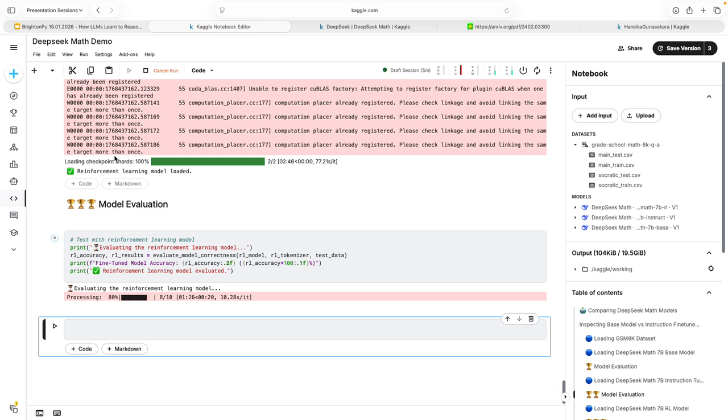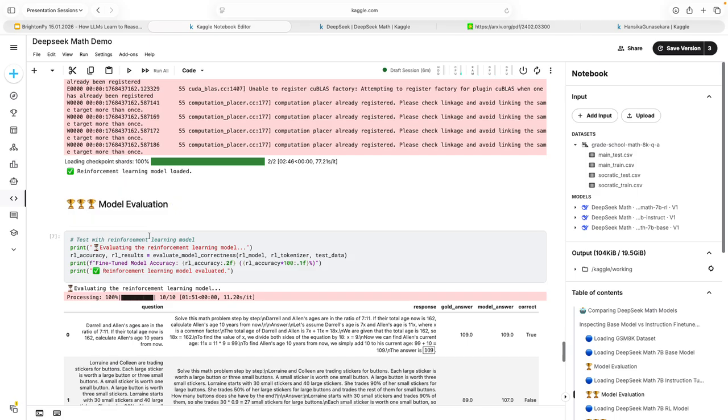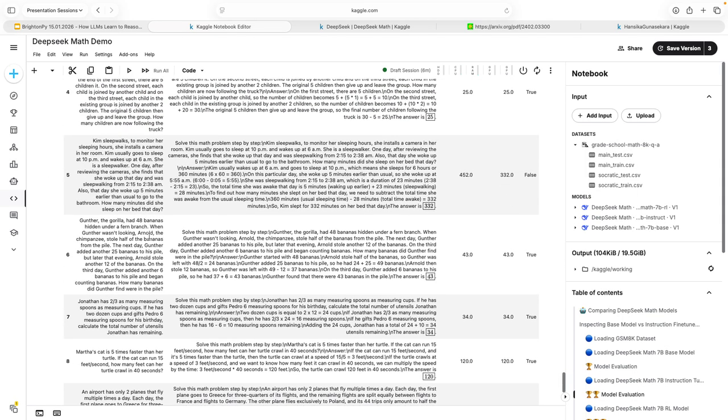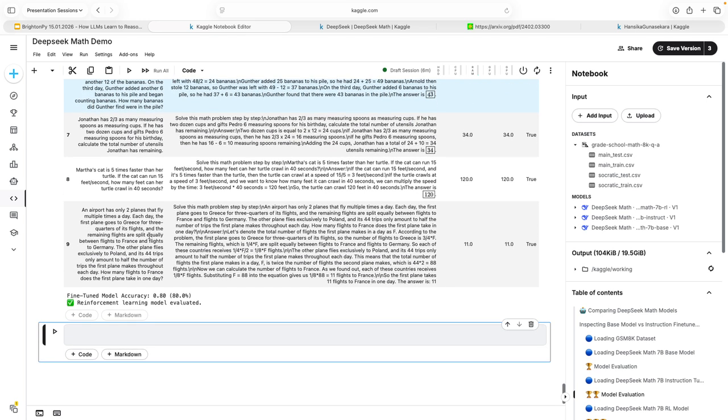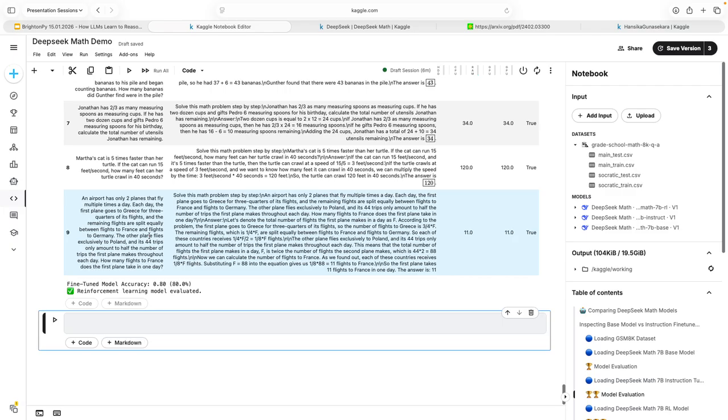So the base model accuracy was only 30%. Instruction tuned model accuracy was 70%. And let's see the accuracy for the reinforcement learning model. For the reinforcement learning model, the overall accuracy for the sample questions was 80%.